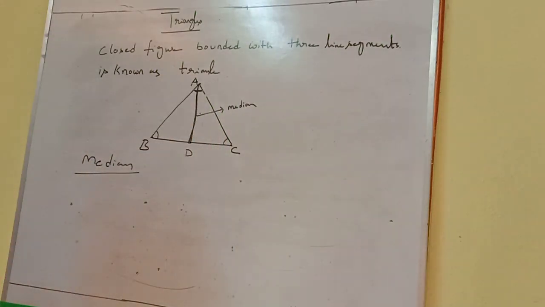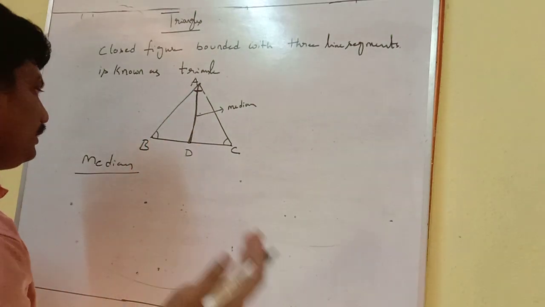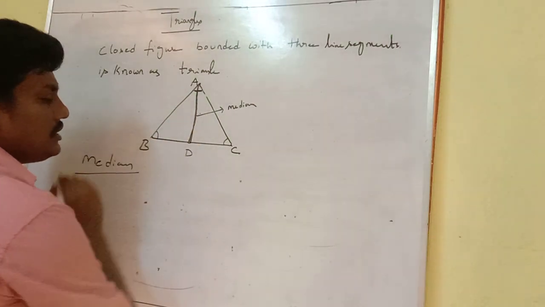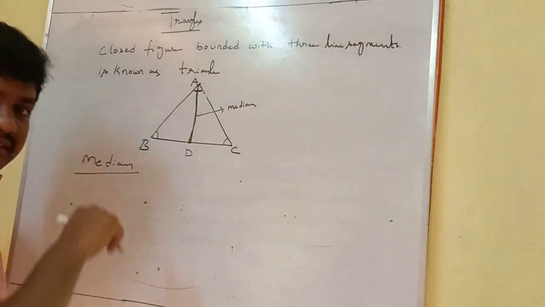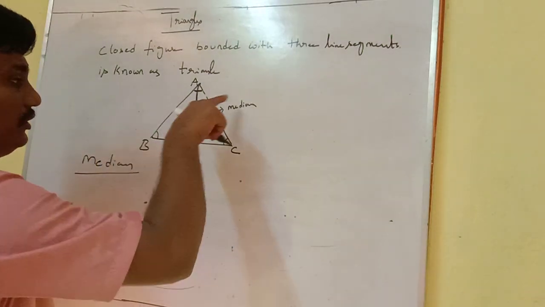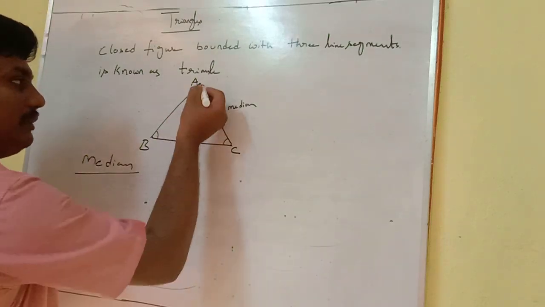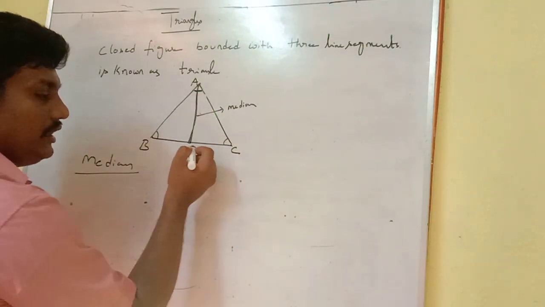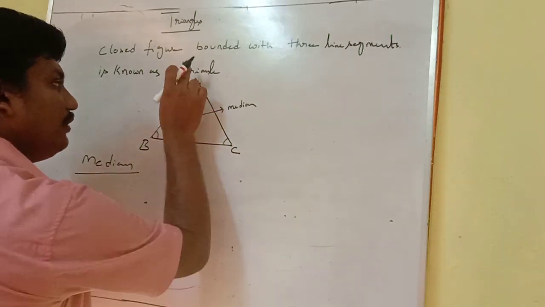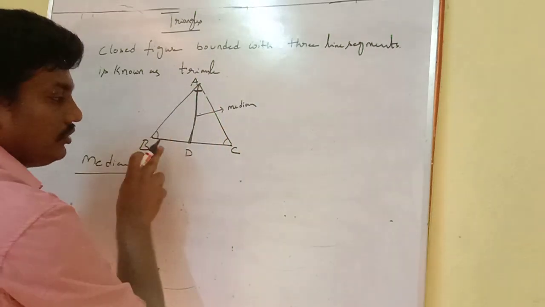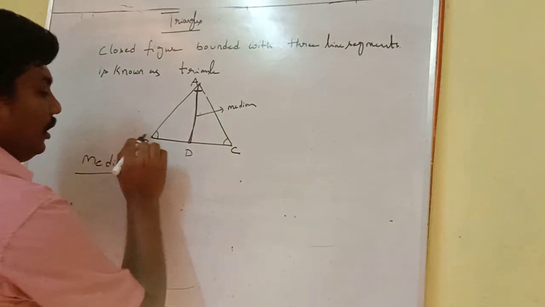Okay, in the same way, there are three vertices, and we can draw three medians of a triangle. A is a vertex, so we draw a median from A to the opposite side.